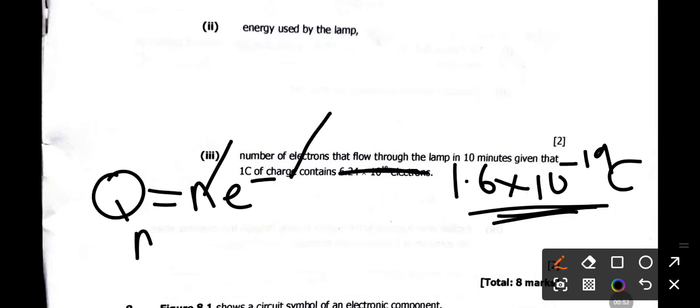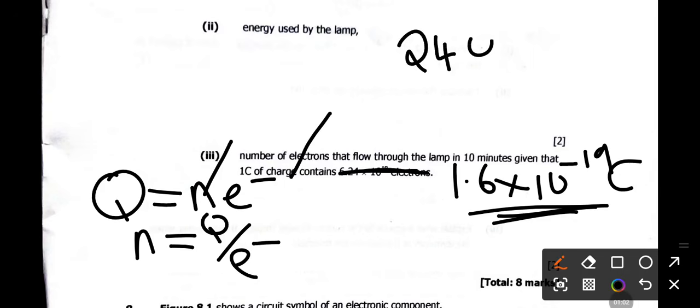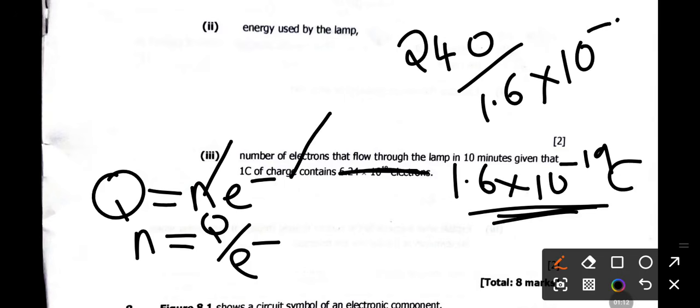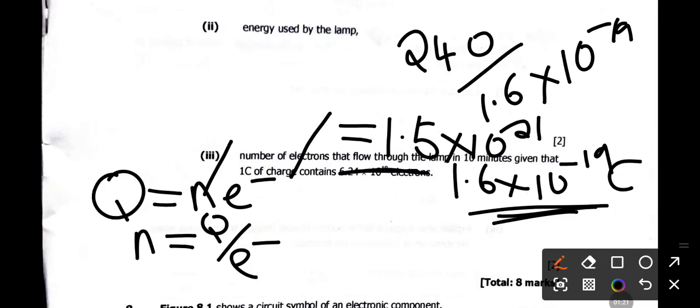If I make N the subject, I'll have Q over E. My Q was 240, then the charge of an electron is 1.6 times 10 to the power minus 19. If I do my calculation here, I should get roughly 1.5 times 10 to the power 21 as my number of electrons.